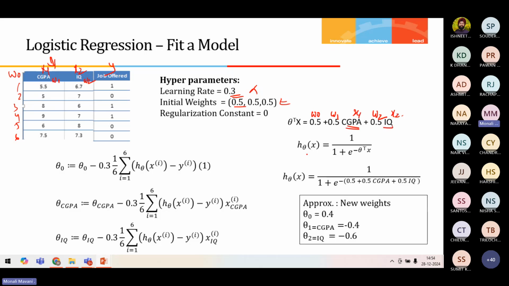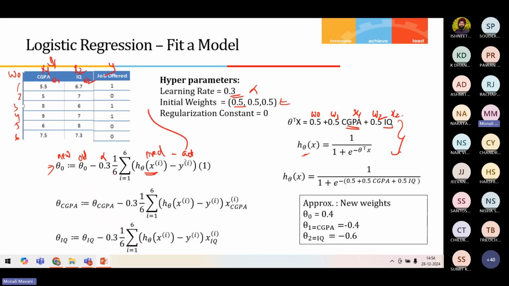So our hypothesis function we have defined. Then this is the weight update rule. Here we are showing the training: how do we update weights after one iteration of gradient descent? The new value of theta is equal to the old value of theta minus the learning rate, which is given as 0.3, times the sum over all the 6 examples of the predicted value minus the actual value.